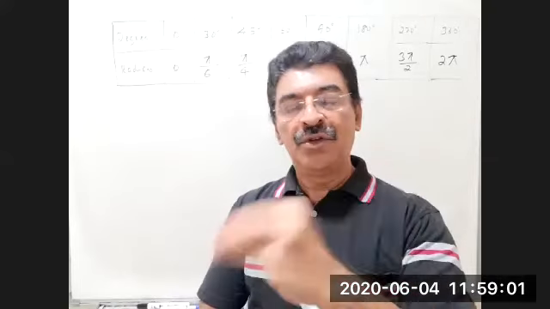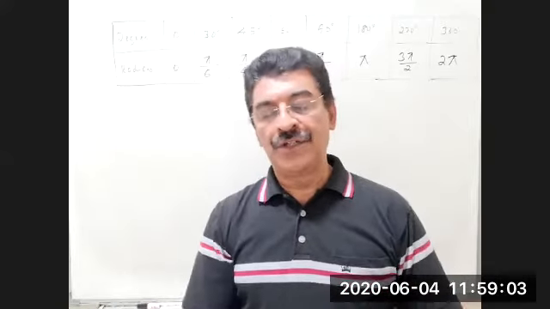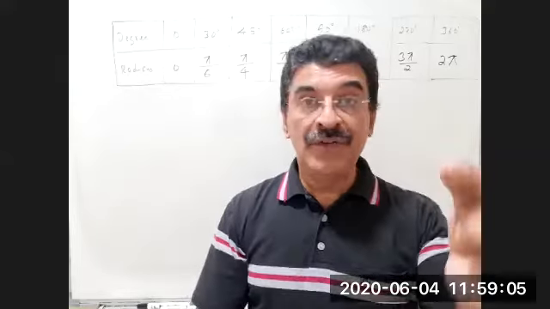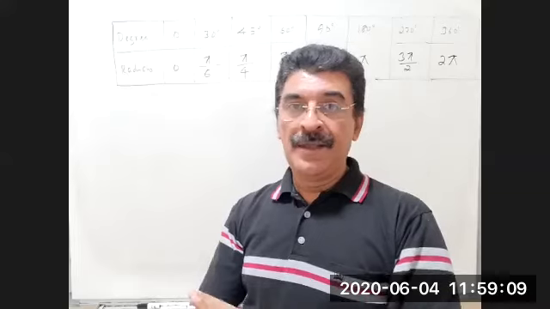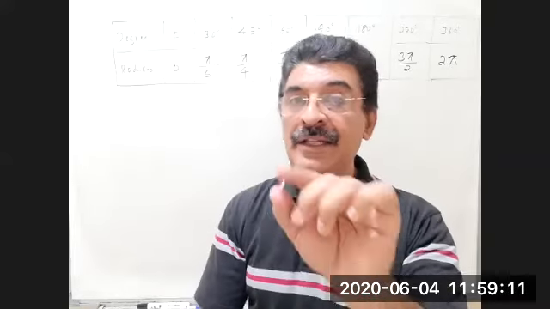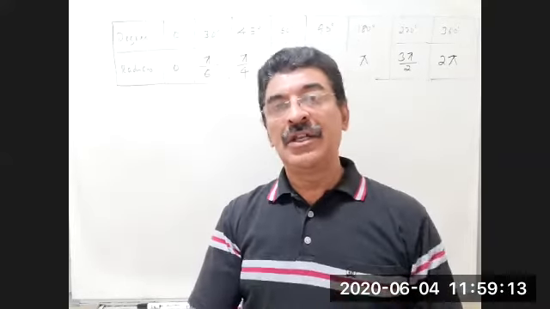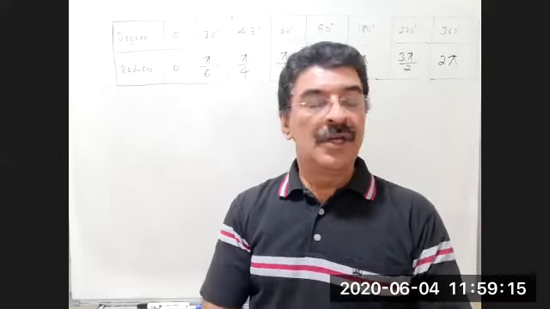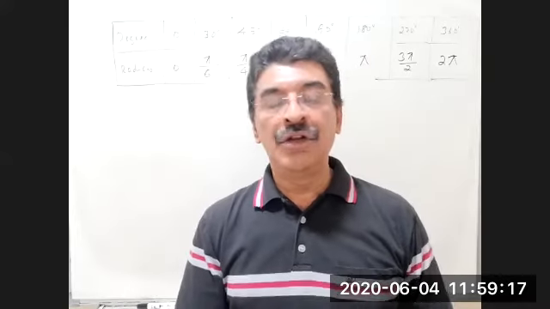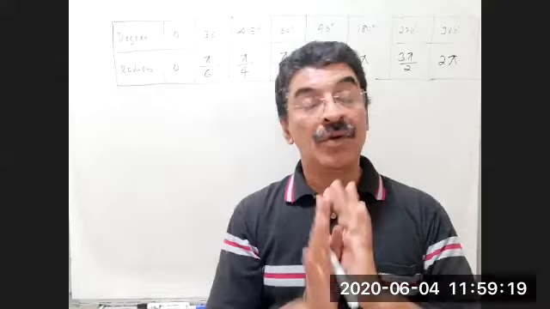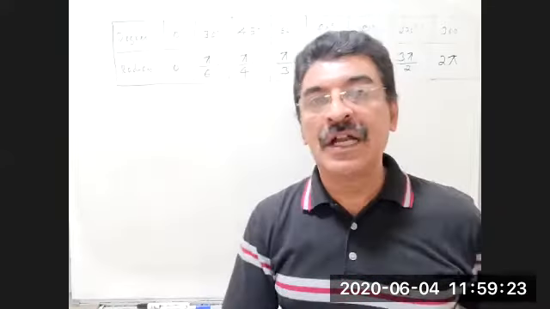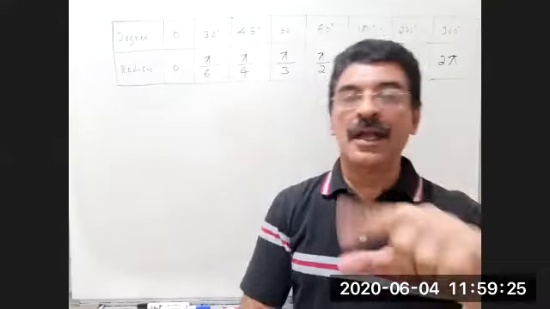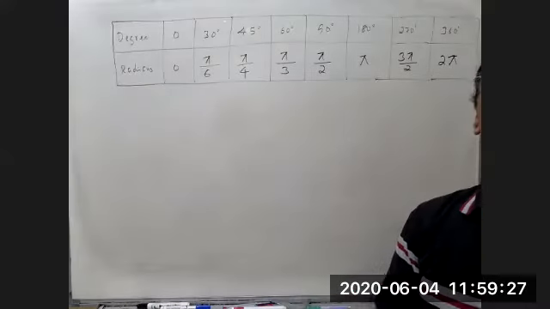If it is not asked, write according to your wish. But if it is asked to write in radian measure, then you write in radian measure. Next year, you will have to write everything only in radian measure. So you should know how to convert degree to radian and radian to degree.